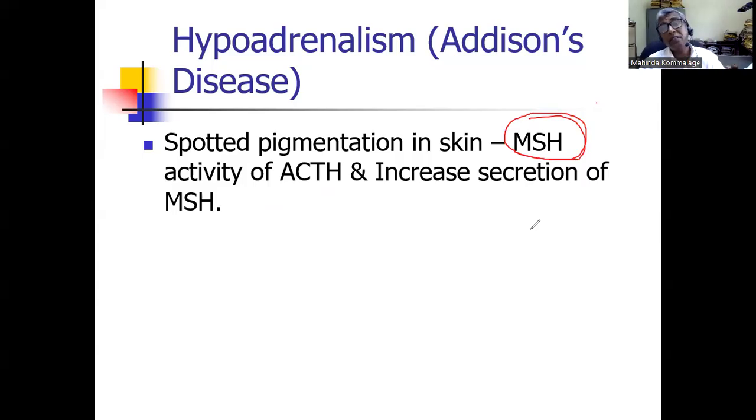So with Addison's disease, MSH will increase and more melanocytes will be activated, and you will get melanin production in some places. Therefore you might get spotted, dark pigmentation in the skin, gums, and palms with Addison's disease.